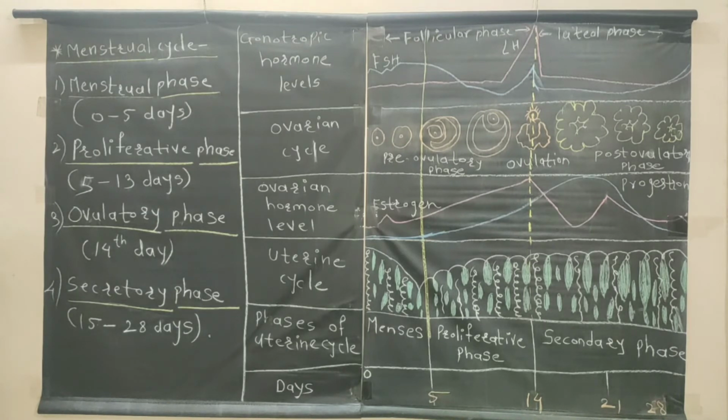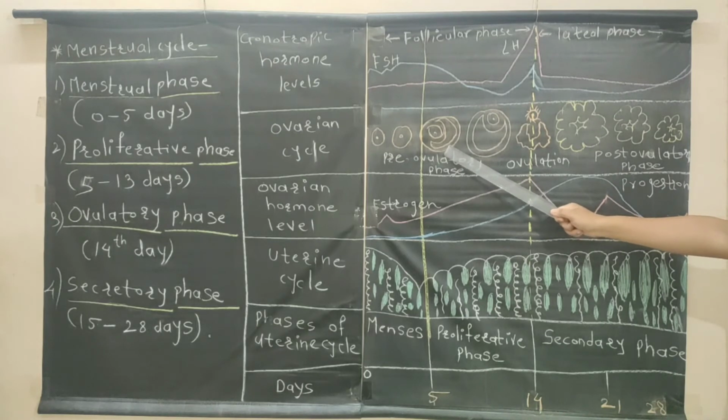Second we will see the proliferative phase, and this phase is also called the follicular phase or the postmenstrual phase. It has 5 to 13 days. In those days, there are also some changes, and you can see hormone levels start changing.